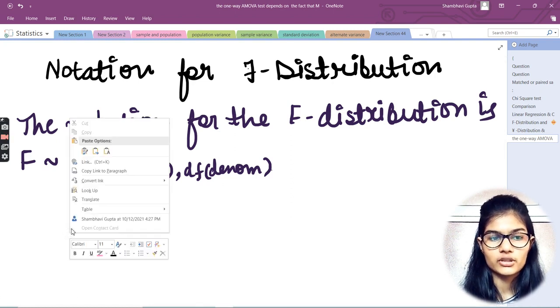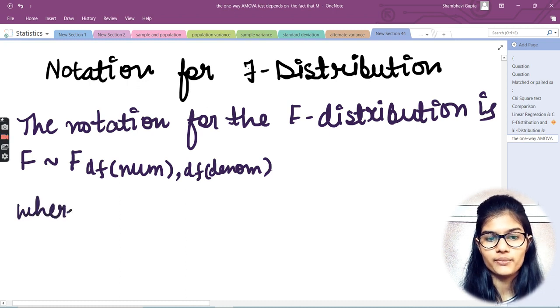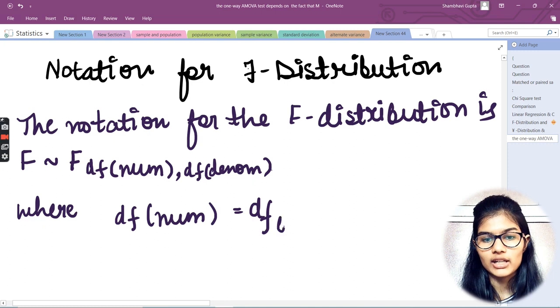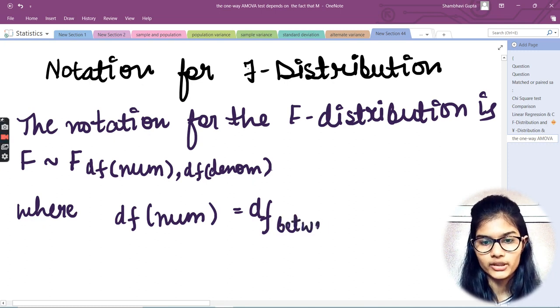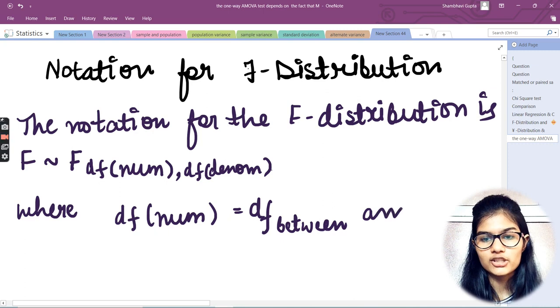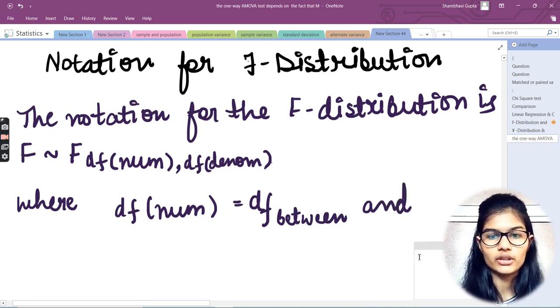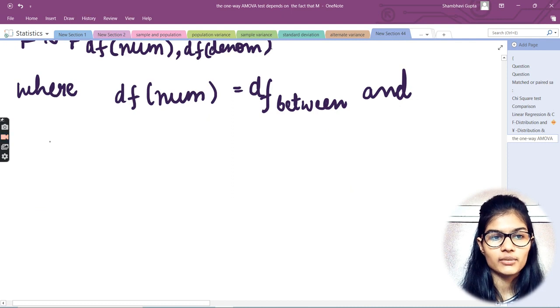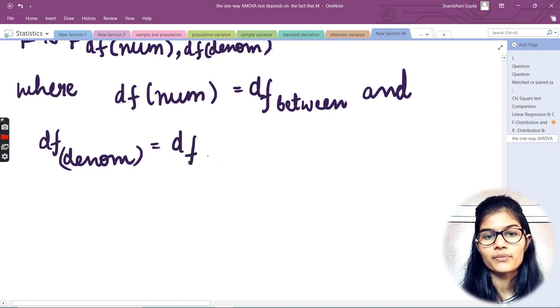Let's start writing where df num, the degree of freedom numerator, is equal to df between, and df denom, the degree of freedom denominator, is equal to df within.